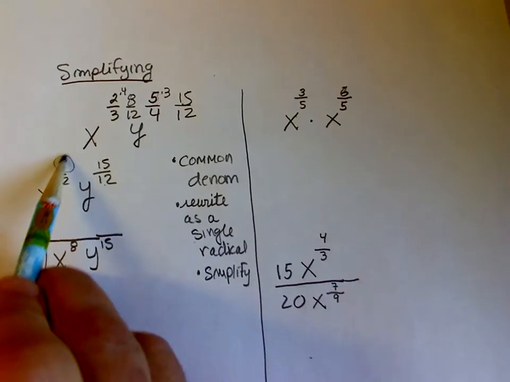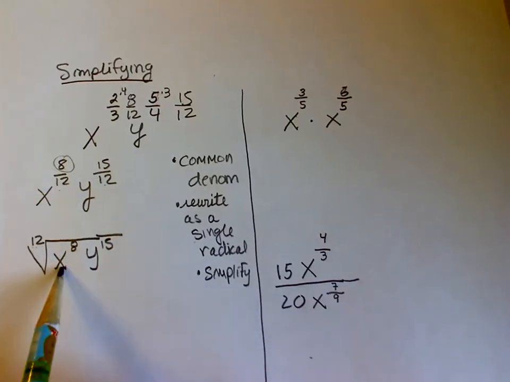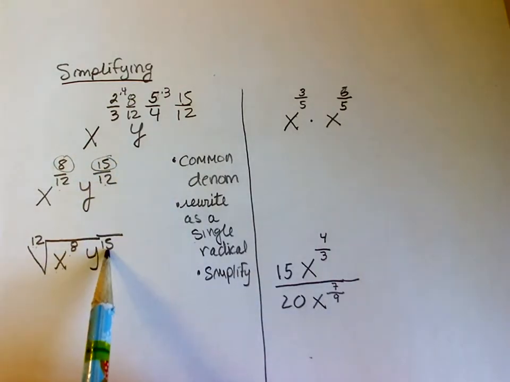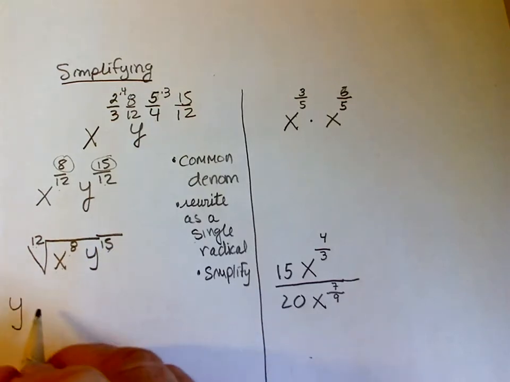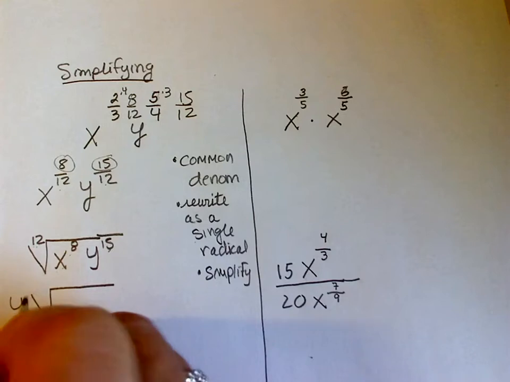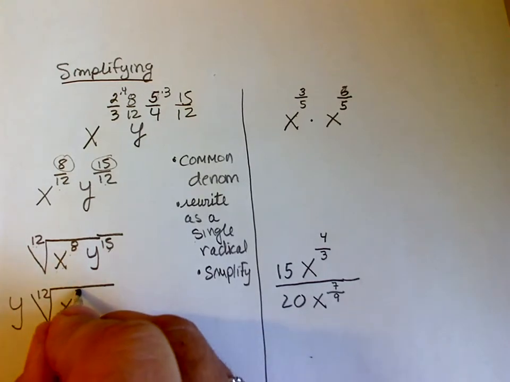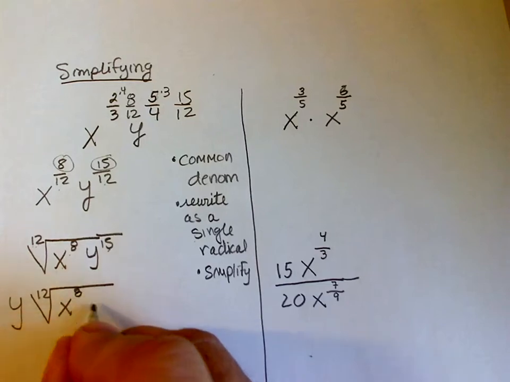Since 8 is less than 12, 12 cannot divide evenly into 8, so I cannot simplify the x. 15 is greater than 12, so I know I can simplify that. 12 divides into 15 once, so I will take out 1 y, and I'm left with 3 y's left over.